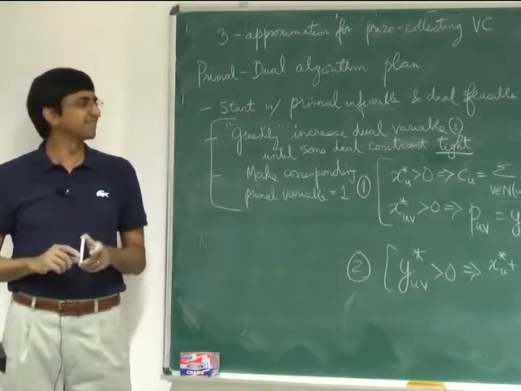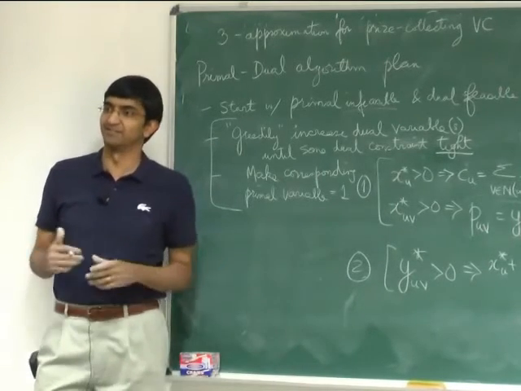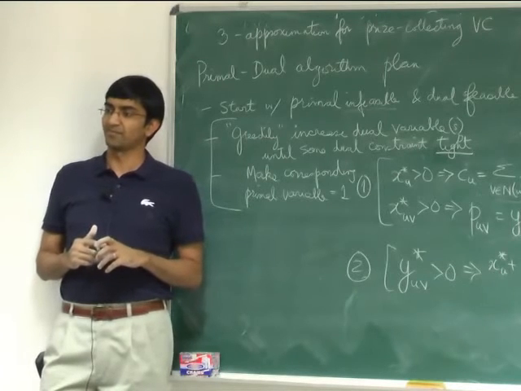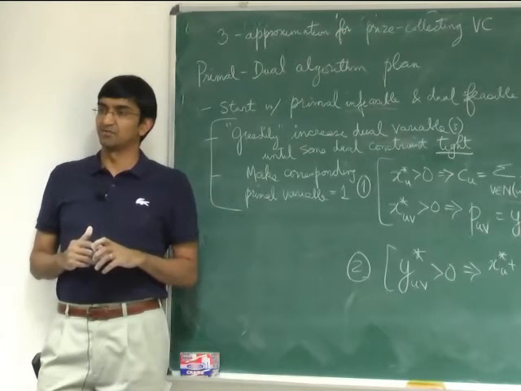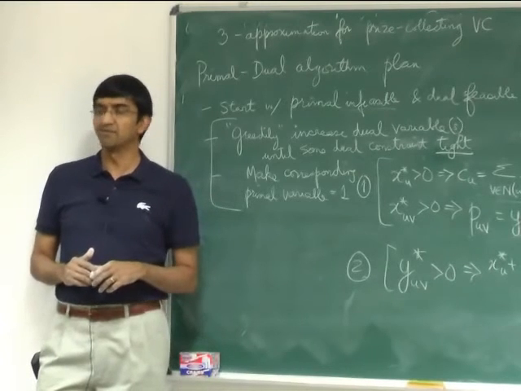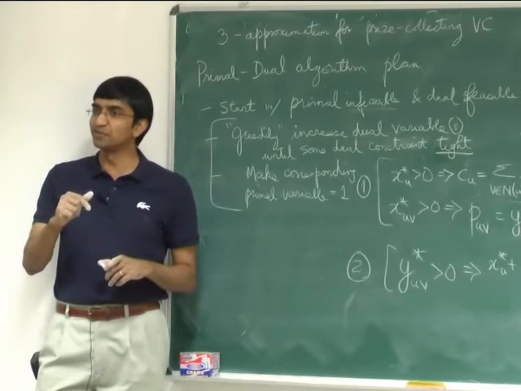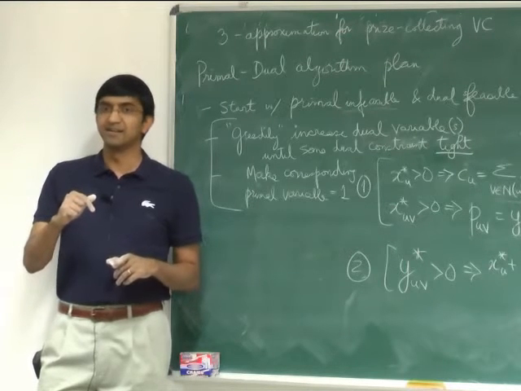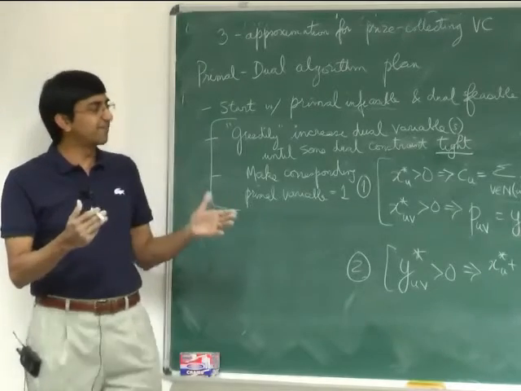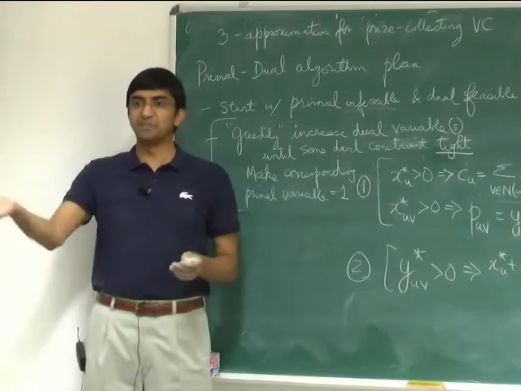Okay, now the question is, why is this going to terminate at all? We have a fixed number of variables, but what if all of them are tight? We stop, but why is it a feasible solution? Because whenever we found something tight, we included one of the endpoints in my primal solution.